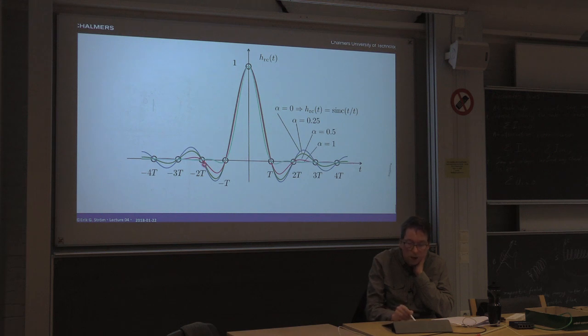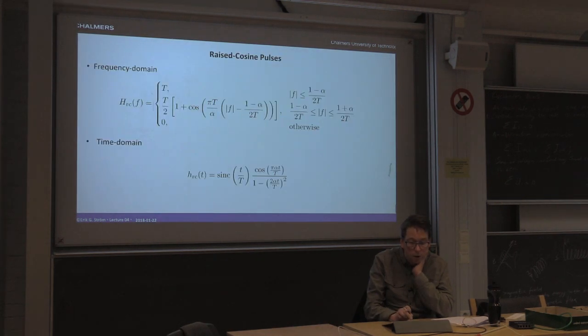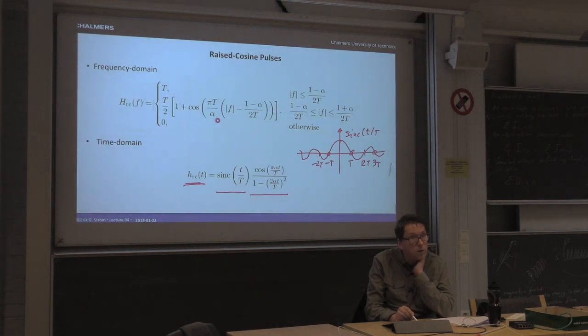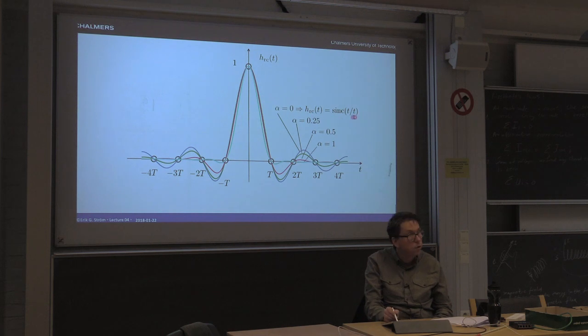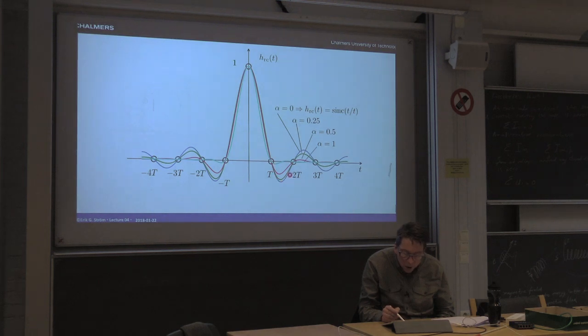And we had that. Now this is plotted for different alphas. Here we can select alpha to be any number between 0 and 1, so it's a design parameter. When alpha is equal to 0, the raised cosine pulse is just a sinc pulse. It's hard to see here, but it's the blue curve, and we see that it has the biggest side lobes.